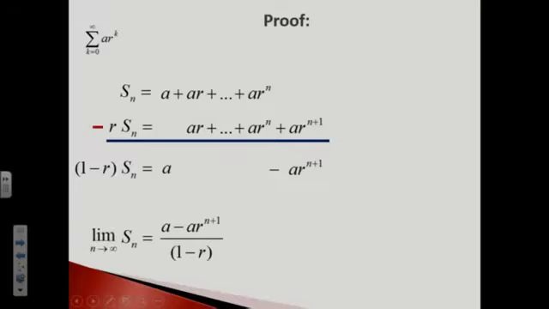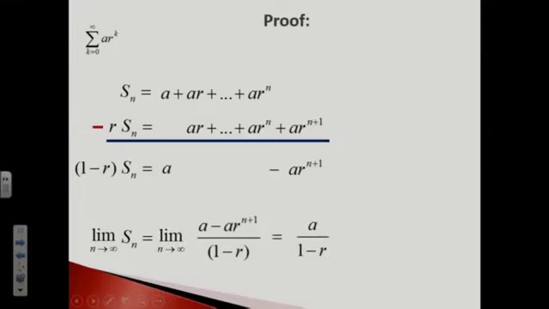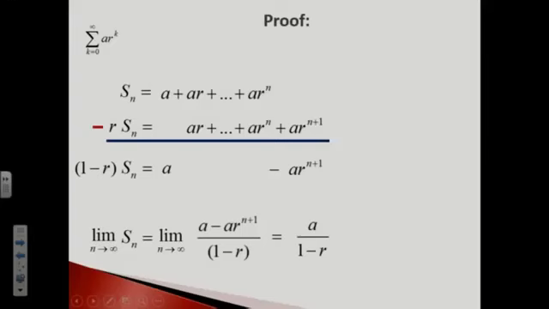We take the limit of Sn when n increases without bound. It equals the limit as n tends to infinity of (a minus a r to the power of n plus 1) divided by (1 minus r).